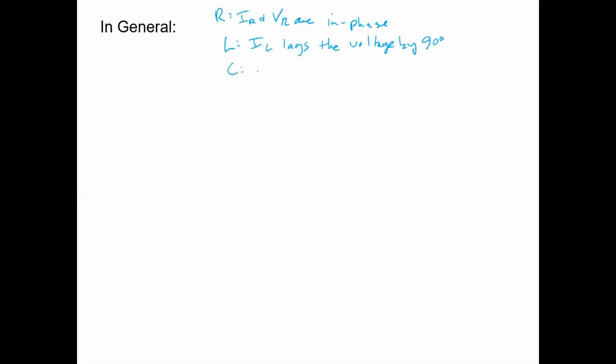And for C, the current leads the voltage by 90 degrees. So this is ELI, this is ICE. But that's not the in general thing.